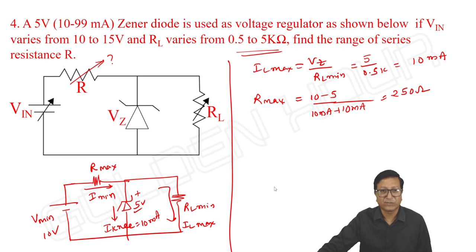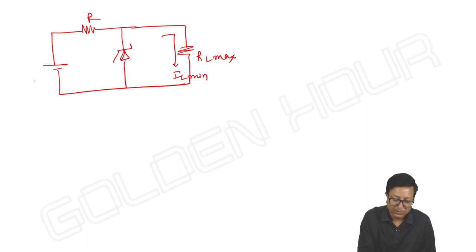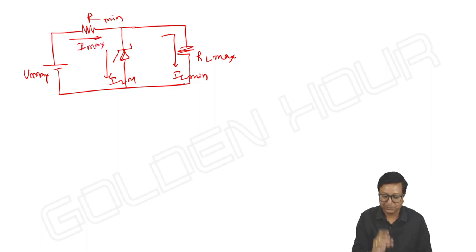Next, the second case is where V input is maximum. It is IZM. This is maximum, so R should be minimum.